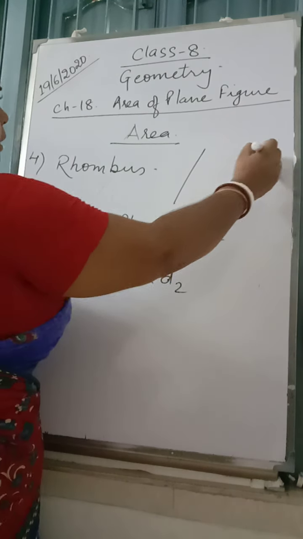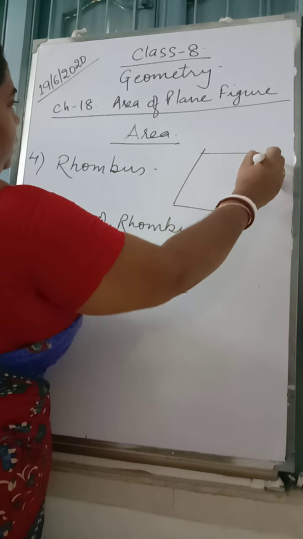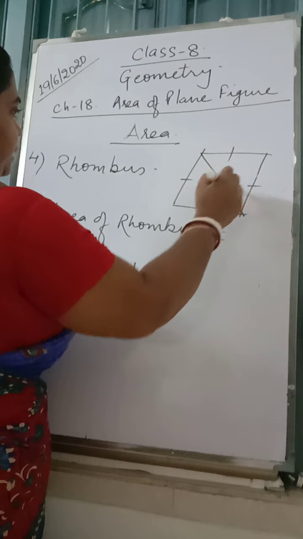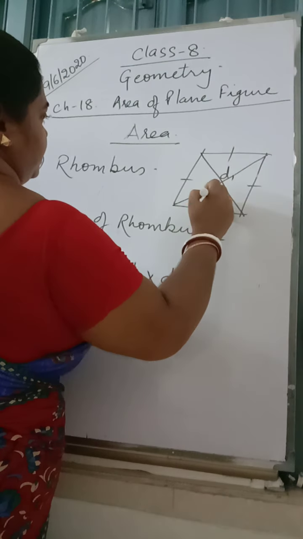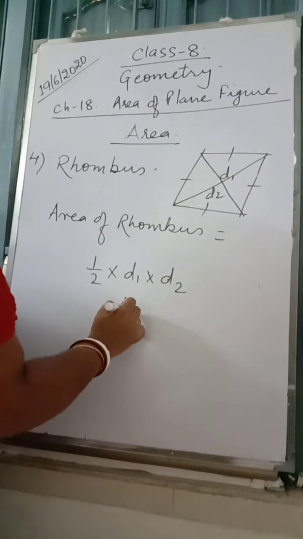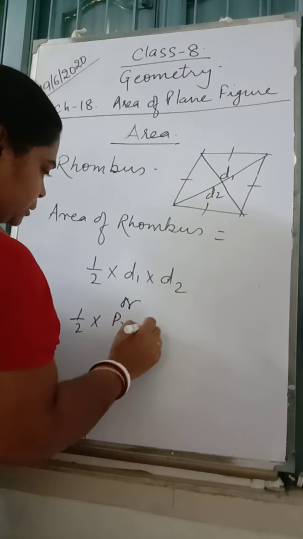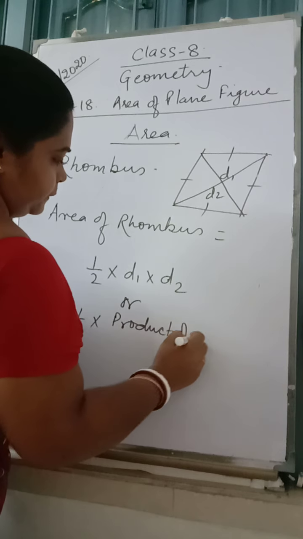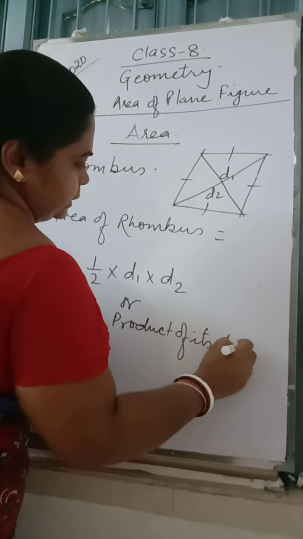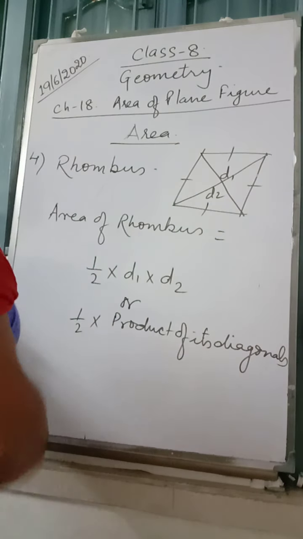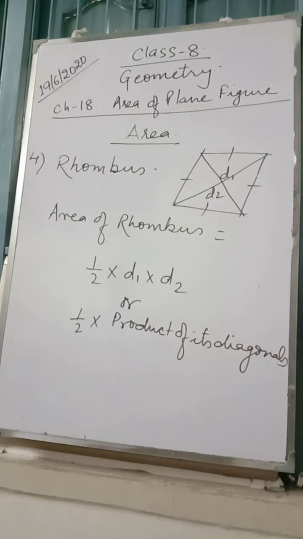For example, if this is a rhombus, as we know all four sides are equal, so this is diagonal 1 and this is diagonal 2, or you can write it half into product of its diagonals. This is the area of rhombus.